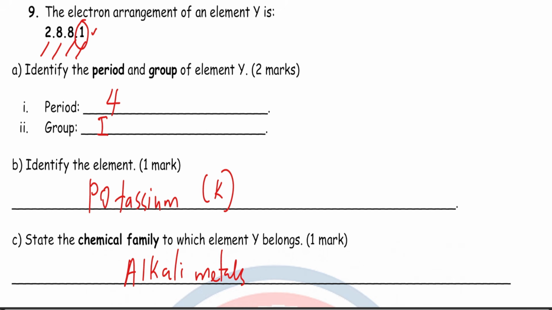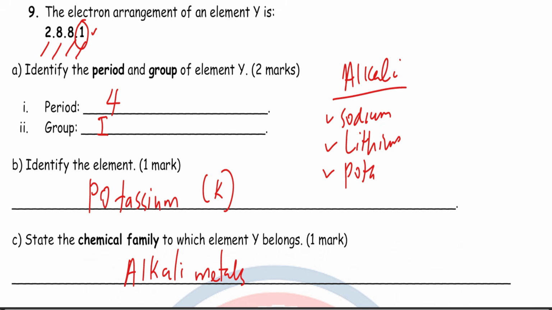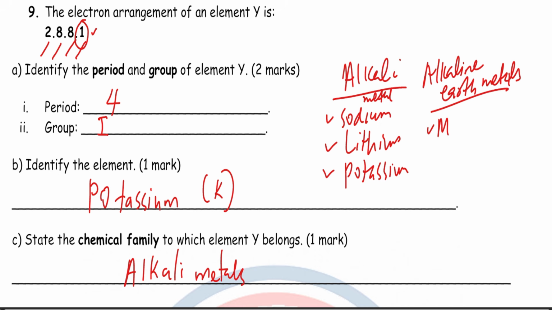Alkali metals include sodium, lithium, and potassium. Alkaline earth metals include magnesium, calcium, beryllium, and so on. So that's not hard, is it?